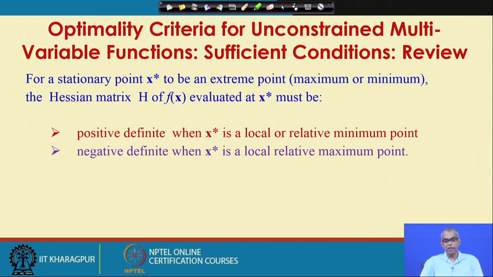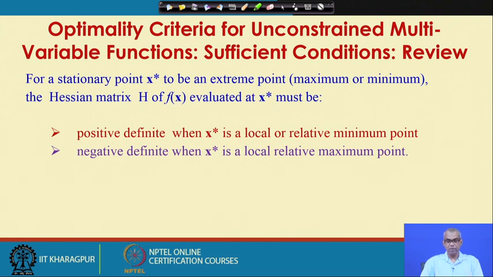Let us look at now the sufficient conditions for optimality of multivariable functions. For a stationary point x star to be an extreme point, that means maximum or minimum, the Hessian matrix H evaluated at x star must be positive definite when x star is a local or relative minimum point.